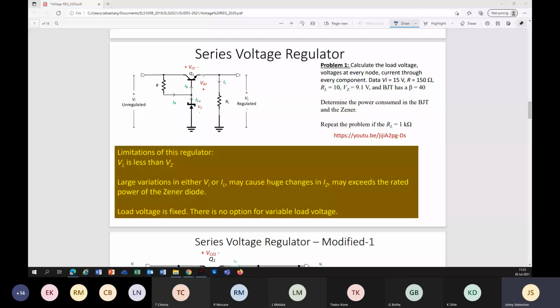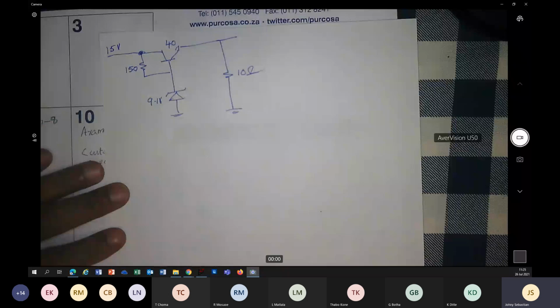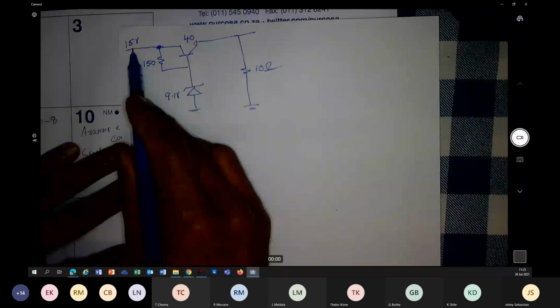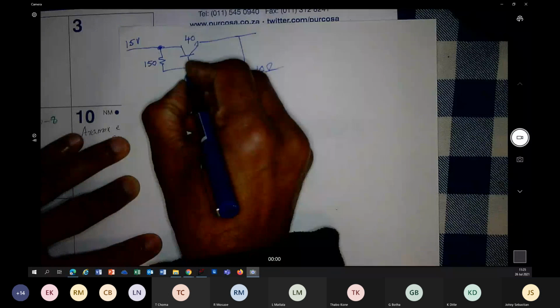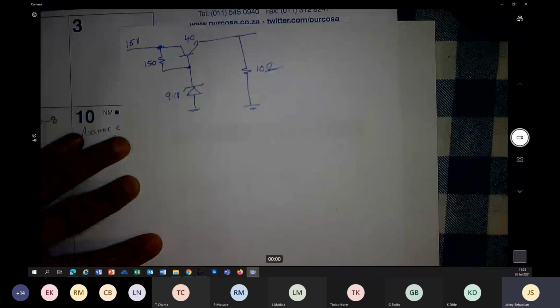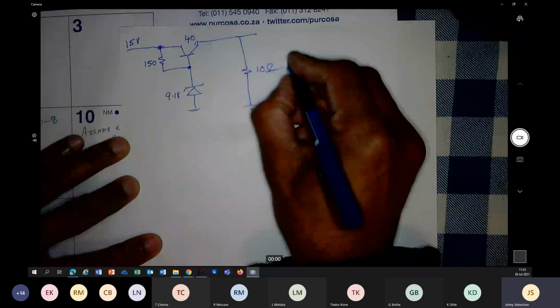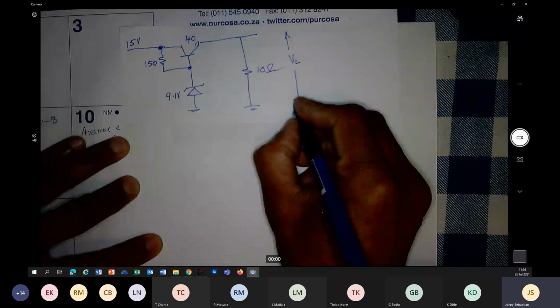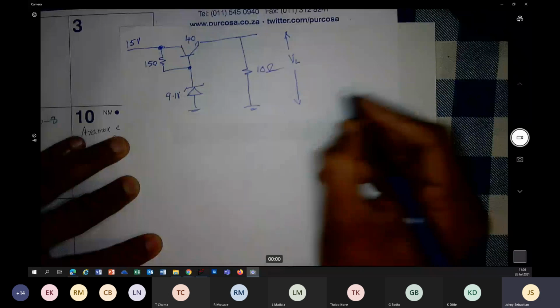Okay, here we are. BJT with a beta of 40, input voltage VI unregulated, 15 volt, R is 150 ohms, and VL regulated is across RL. Okay, number one, let's find VL.